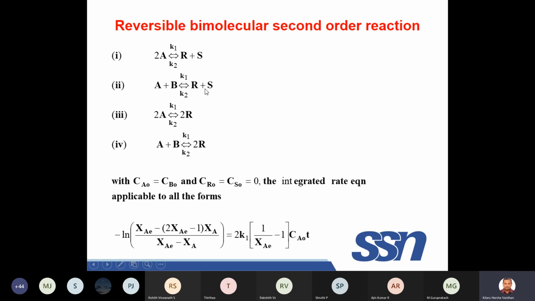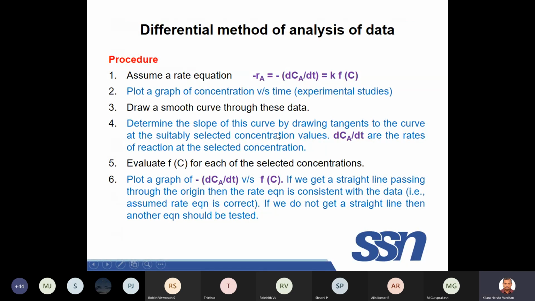If there is a reversible reaction, it becomes still more difficult, right? So you are left with this particular equation, especially for bimolecular second order reactions. If you want, you try, but again it is difficult. Some of you can try, and if there are any difficulties, you can talk to me. So that's all about this.